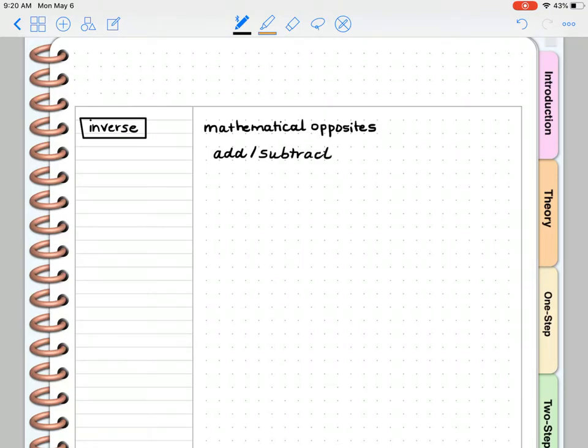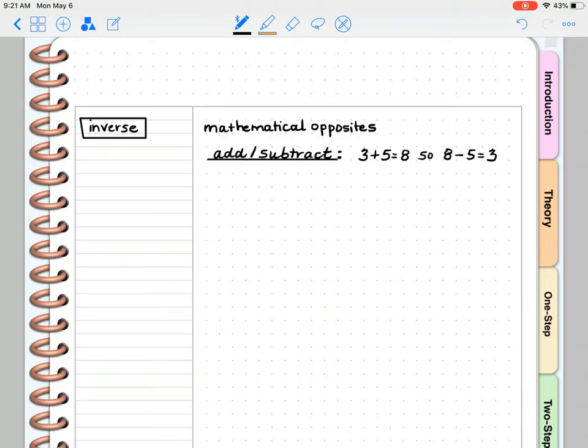And to give you an example of that, 3 plus 5 equals 8. So 8 minus 5 equals 3. So you see that what I am building up with addition, I can break down with subtraction. Those are mathematical opposites. They're mathematical inverses.